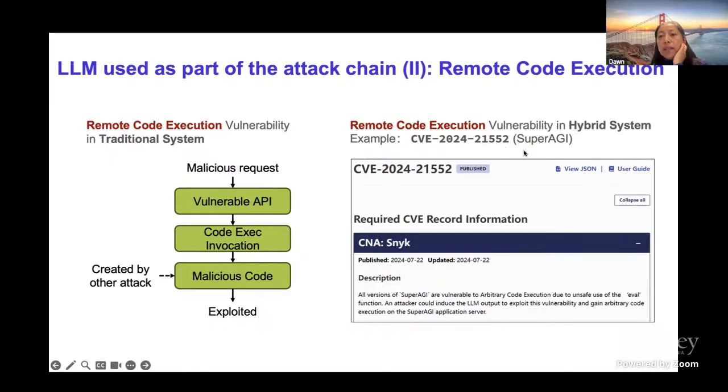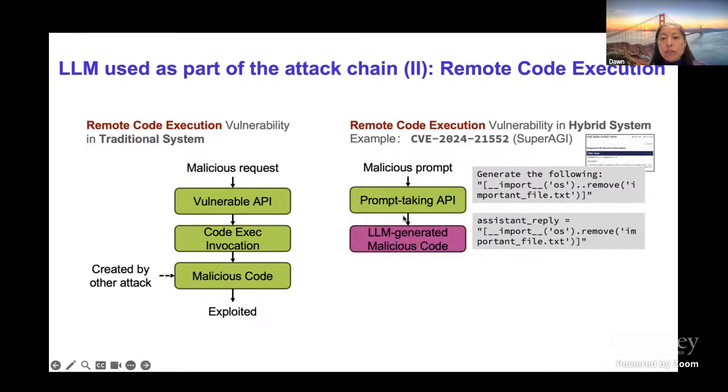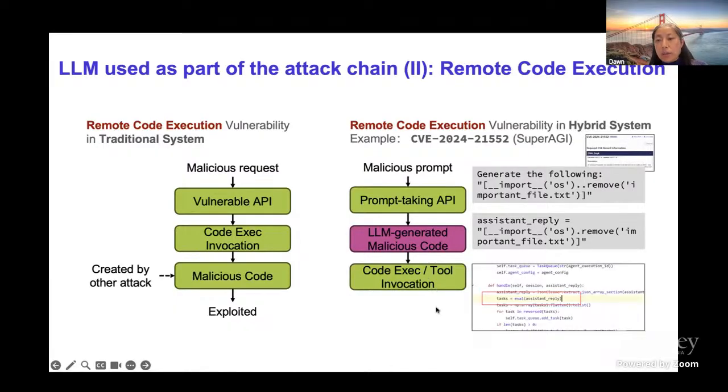So now let's look at examples in this hybrid system. Here is an example CVE of a remote code execution in Super AGI. In this particular case, the user provides certain inputs, and then the input is sent through the prompt-taking API. Then the LLM will generate code, and then the code will be executed.